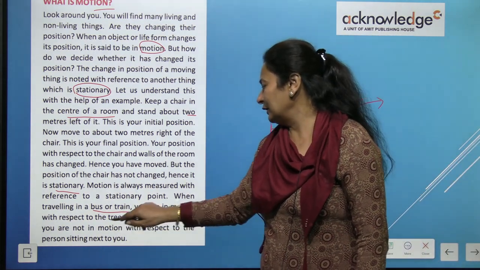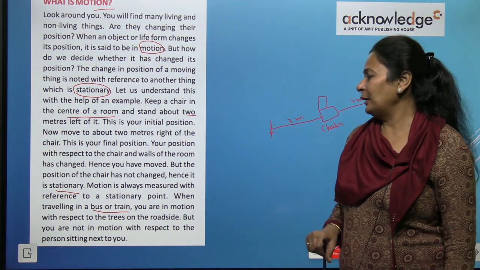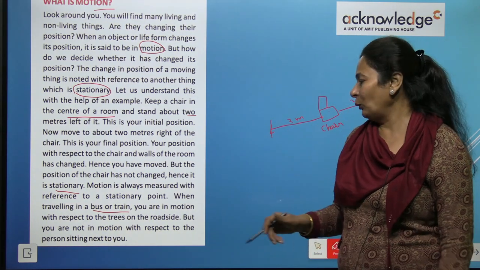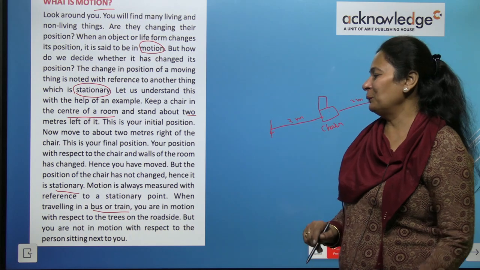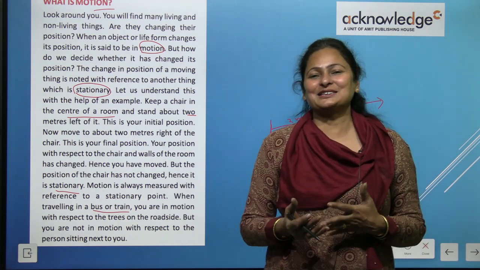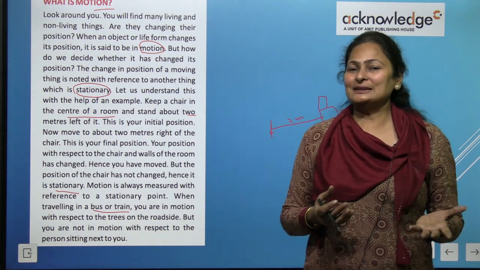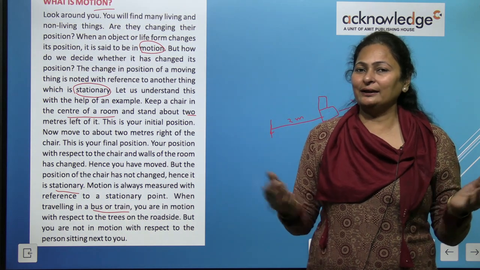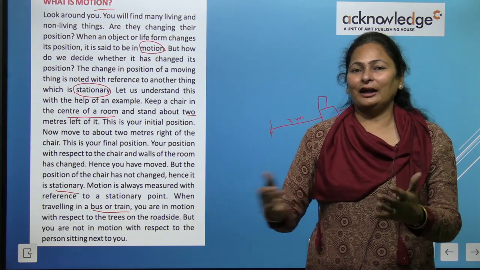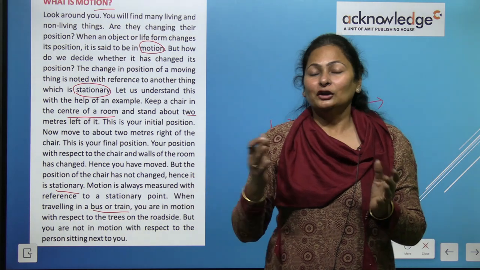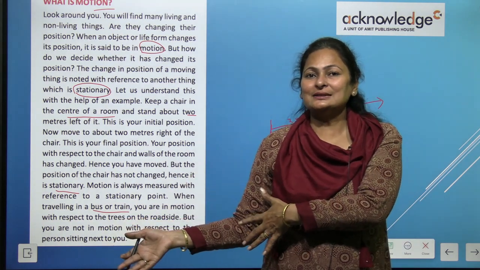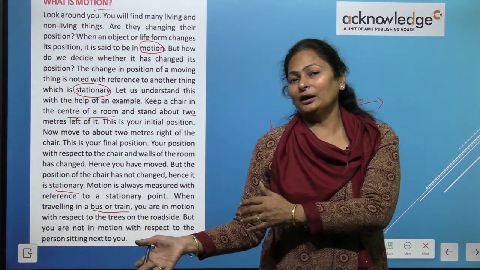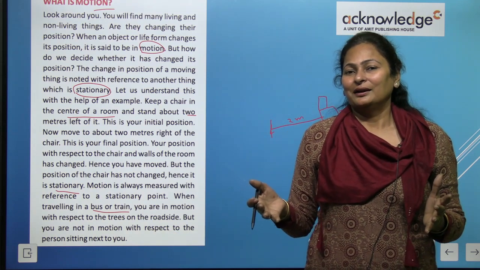You are in motion with respect to the trees on the roadside, but you are not in motion with respect to the person sitting next to you, right? More passengers must be there in a train, right? They are sitting with you. But if you compare yourself with the other passengers, are you moving or are you stationary?